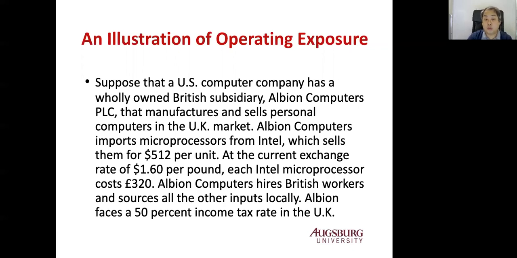At the current exchange rate of $1.6 per pound, each Intel microprocessor costs 320 pounds, which is 512 divided by 1.6, right? Albion Computers hires British workers and sources all the other inputs locally. Albion faces a 50% income tax rate in the United Kingdom. Okay, that's the scenario.